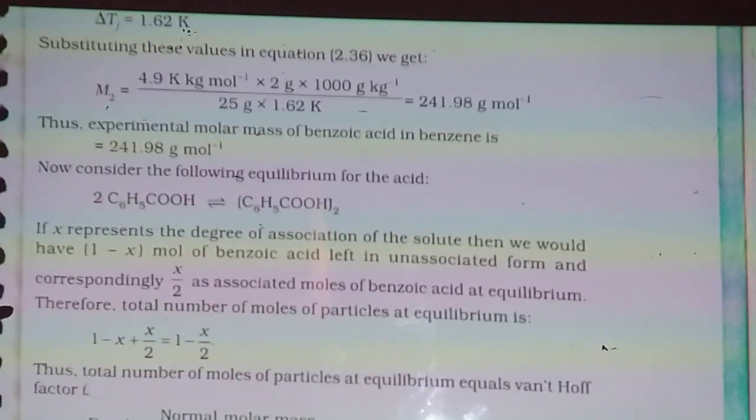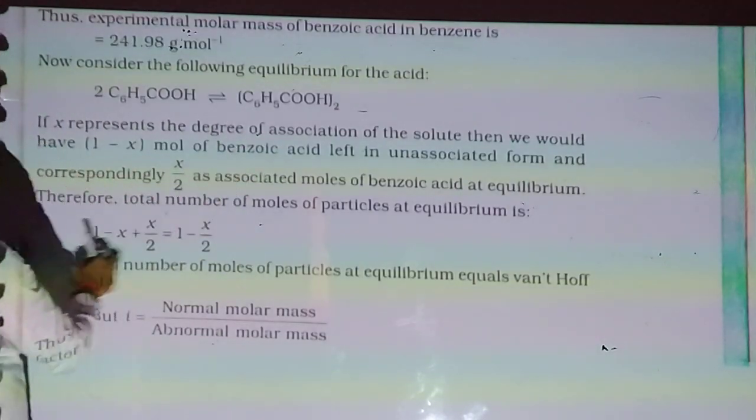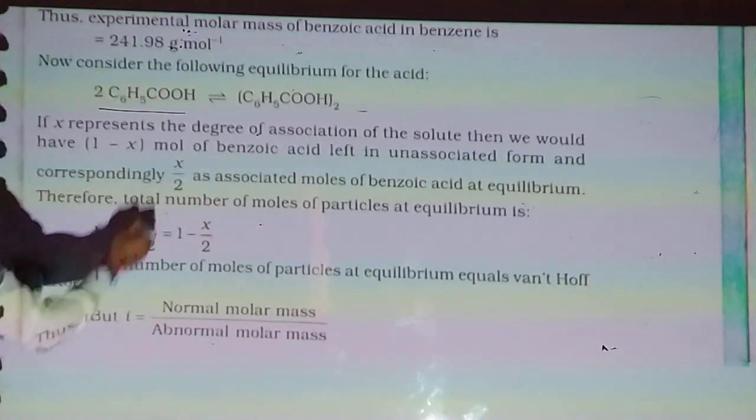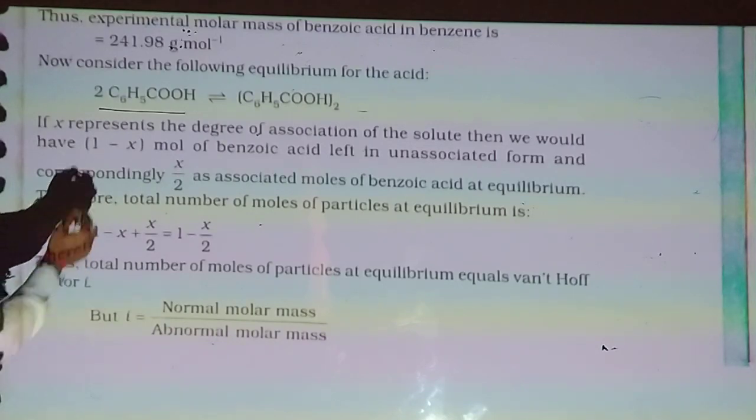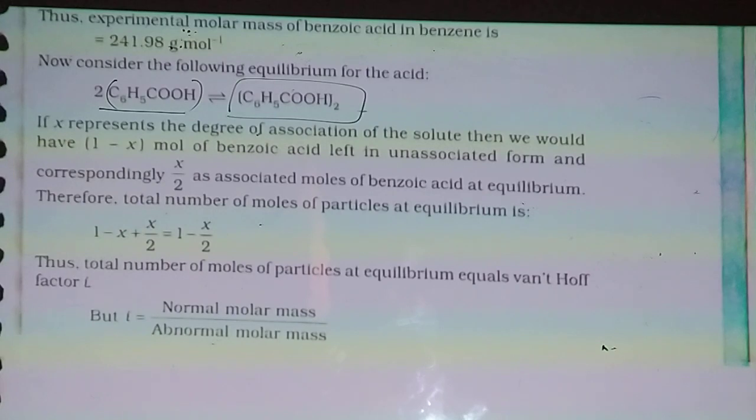But now following the equilibrium for the acid, dimer means two molecules combine, and two molecules combining convert into one molecule. If X represents the degree of association of this solute, then we would have 1 minus X mole of benzoic acid left unassociated, and correspondingly X by 2 as associated benzoic acid at equilibrium.